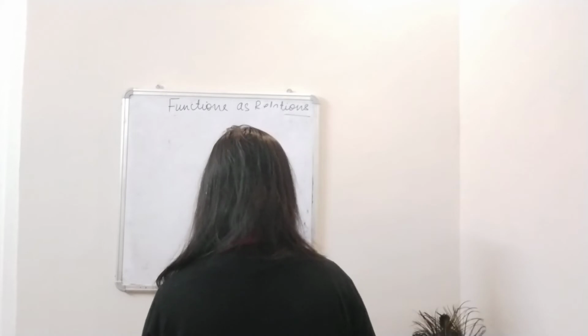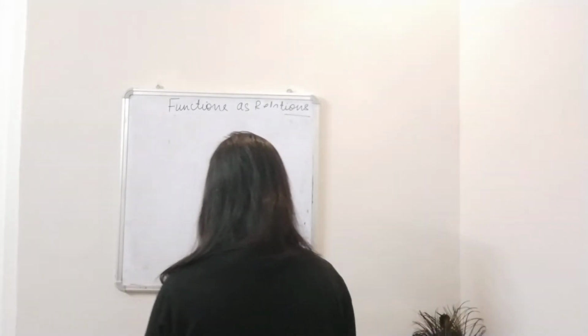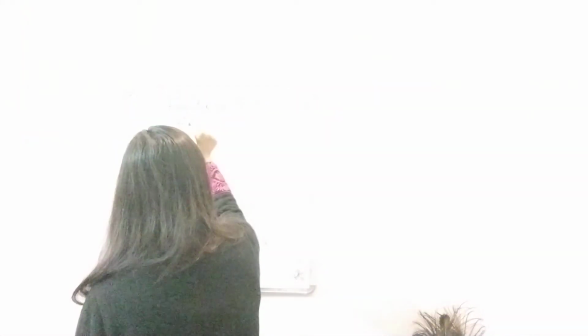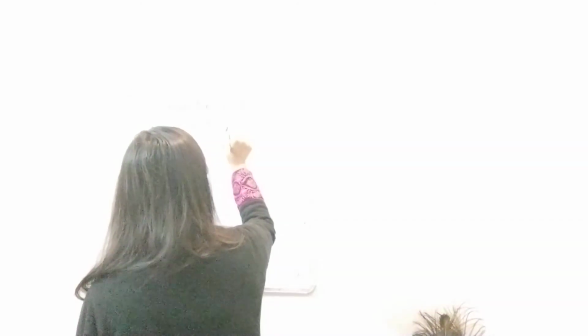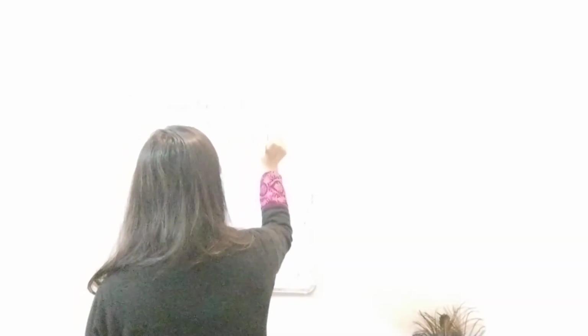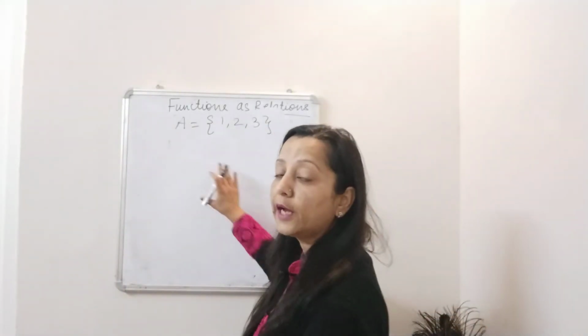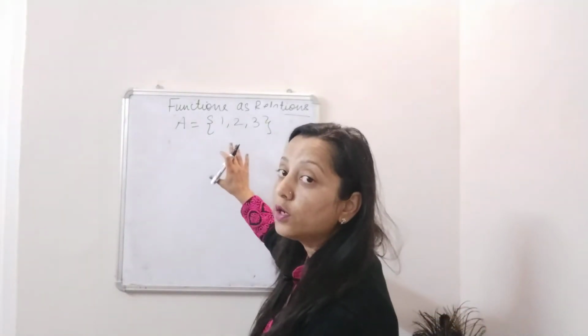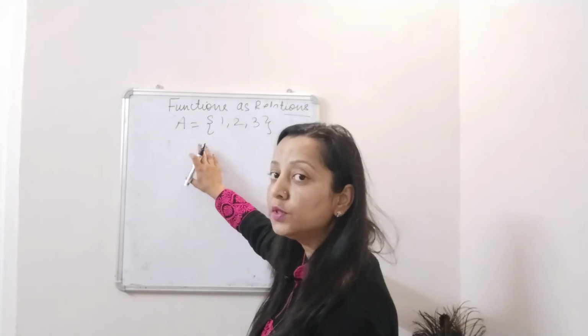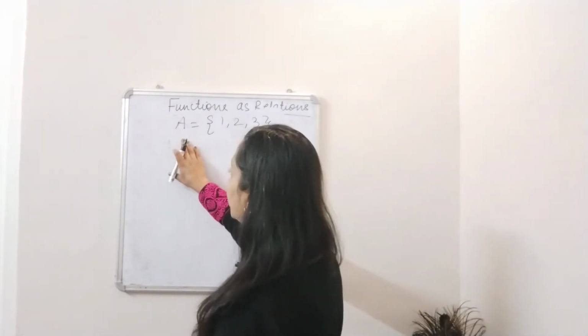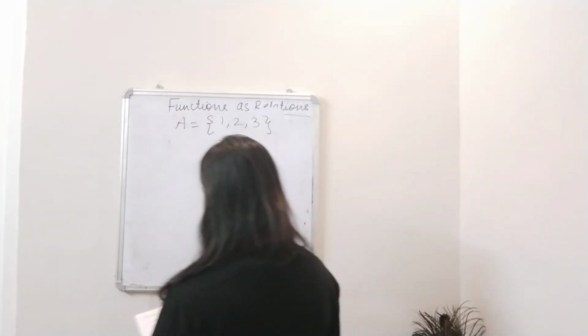Now let us see an example for that. We'll do a small exercise for this. Just like we can have relations for two sets or on the same set, similarly, as I told you, we can have functions for two sets that go from set A to set B, or a function that goes from set A to itself. So I am assuming a set A = {1, 2, 3}. Let us take three different functions for this set.